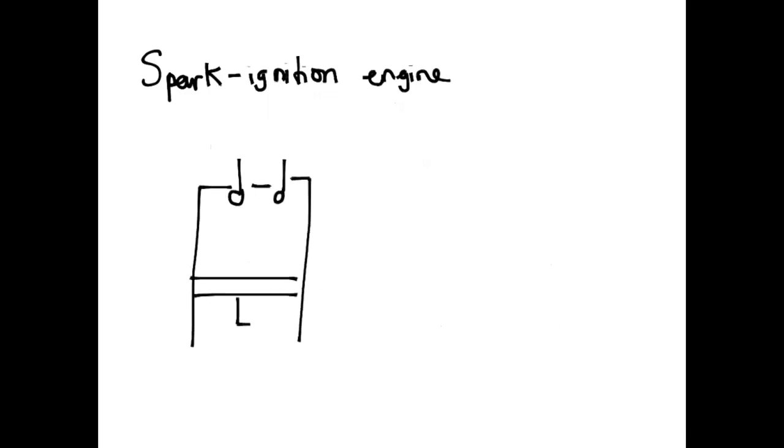We have two types of engines. The one is a spark ignition engine. This spark ignition engine is an engine which has its two exhaust and intake valves, but the situation here is that the mixture is going to be compressed into a state where the temperature at the very end is going to be lower than the temperature of the auto ignition.